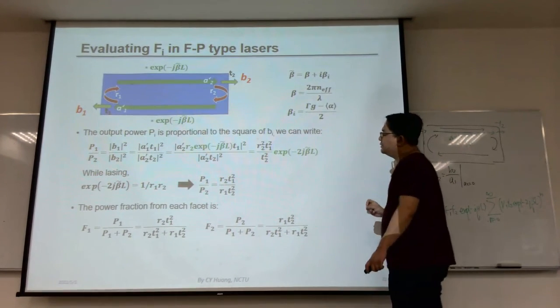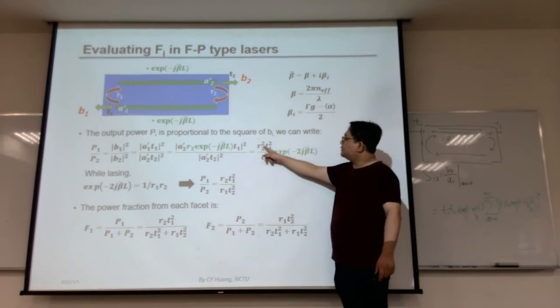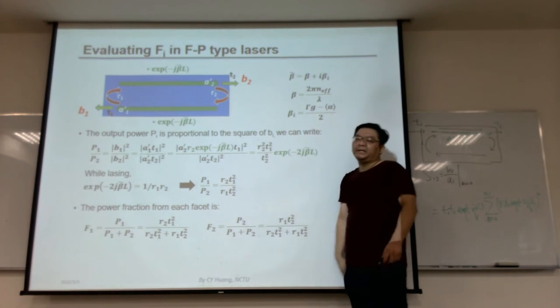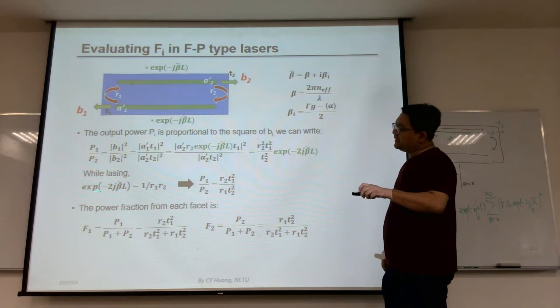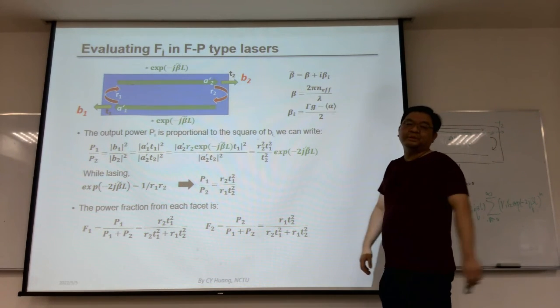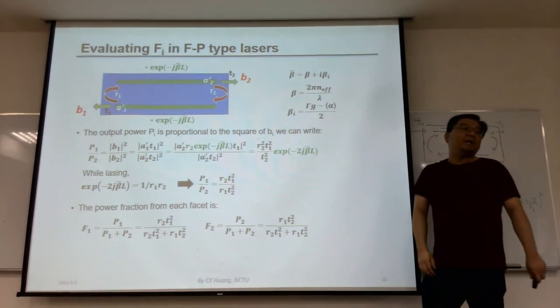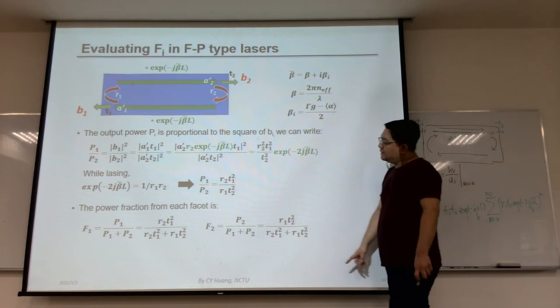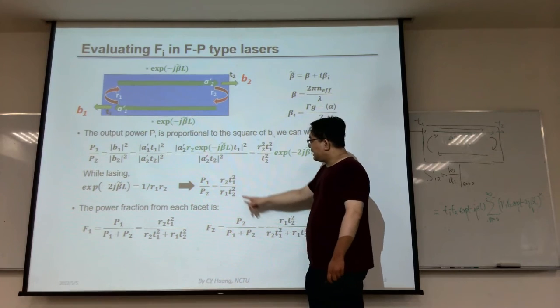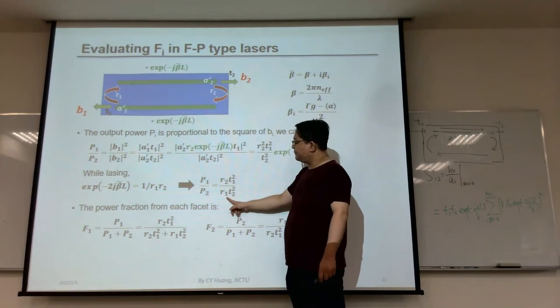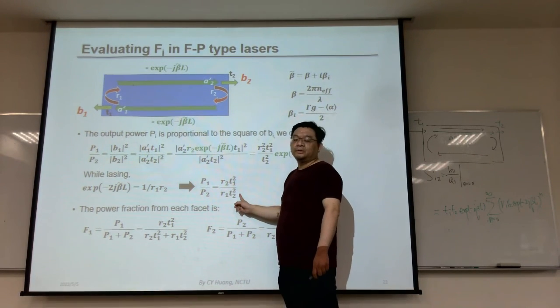The ratio is R2 squared T1 squared divided by T2 squared. And we know the exponential 2j beta L should be equal to 1 over R1 R2. Then the ratio P1 over P2 should be R2 T1 squared divided by R1 T2 squared.